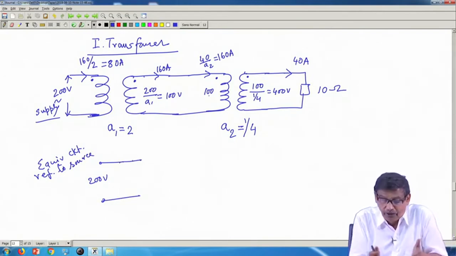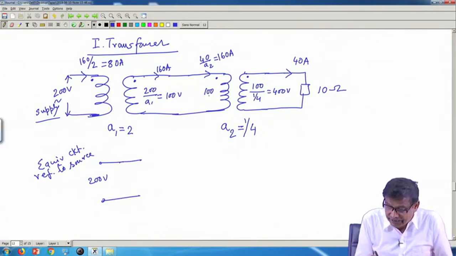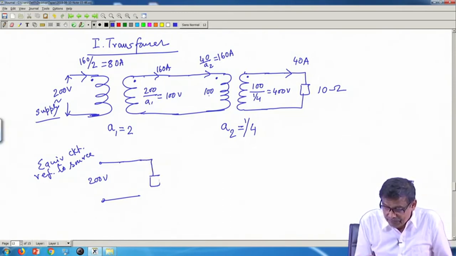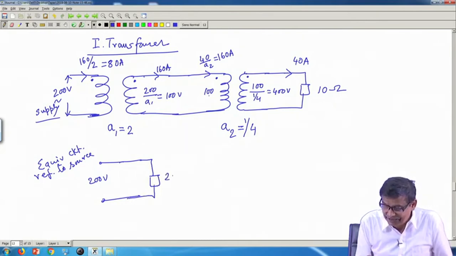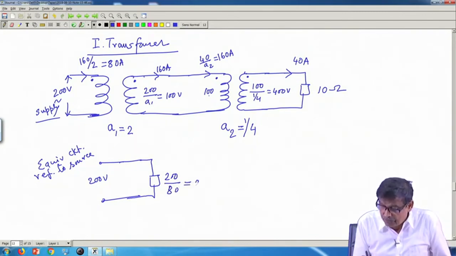If you have solved this, I am telling you this impedance will be simply this voltage by this current, 200 by 80. How much is it? 2.5 ohm.